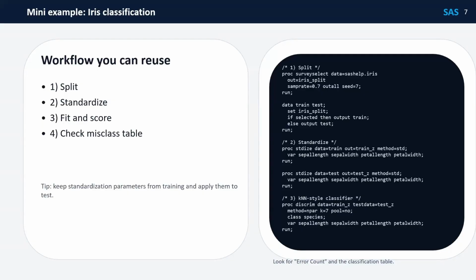We're going to split our data into a training data set and a testing data set. And then we're going to standardize our variables. We standardize because distance is sensitive to the scale.